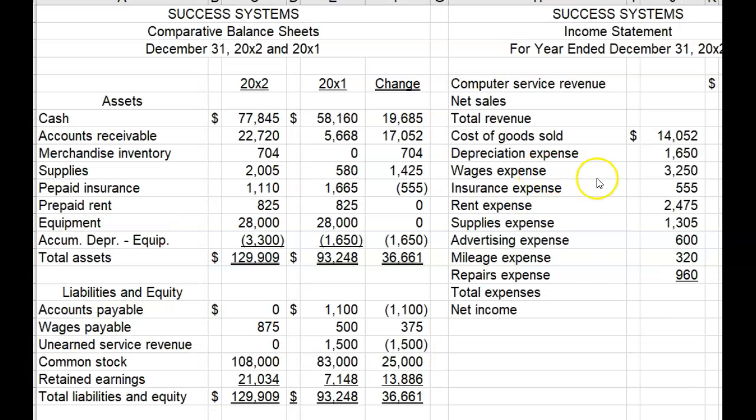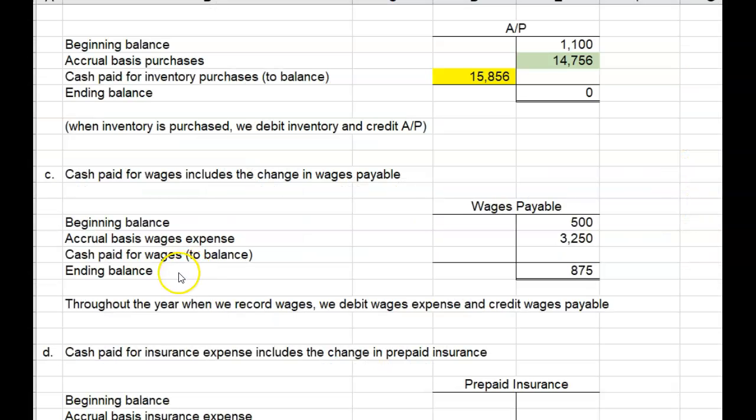The accrual basis wage expense is $3,250. So multiple times throughout the year, we recorded wages with a debit to wage expense for a total of $3,250 throughout the year, and a credit to wages payable. That's what this credit is doing, sitting right here.